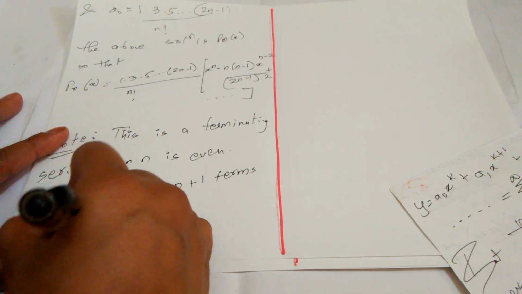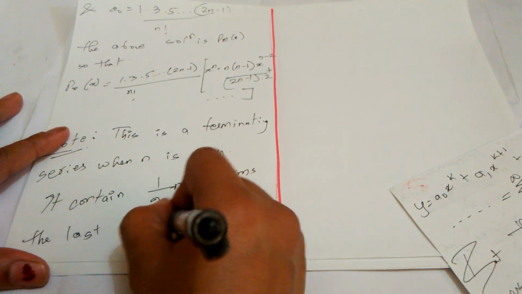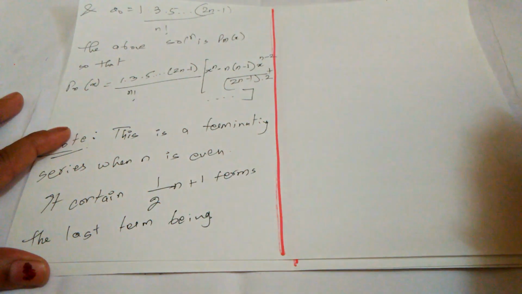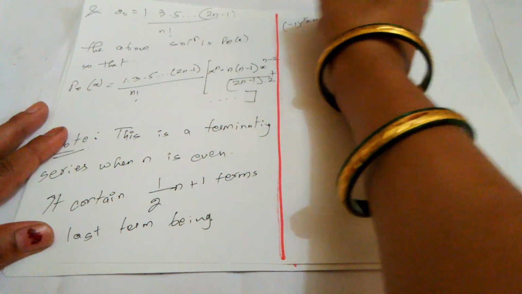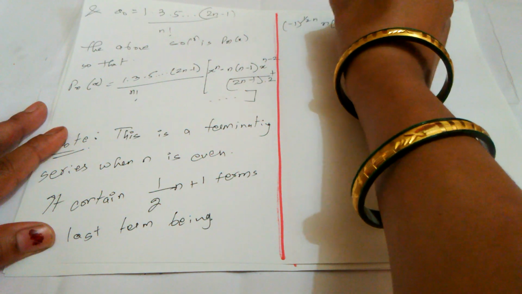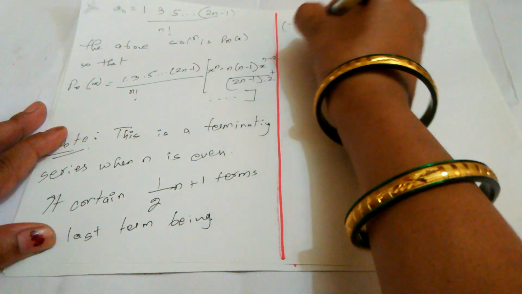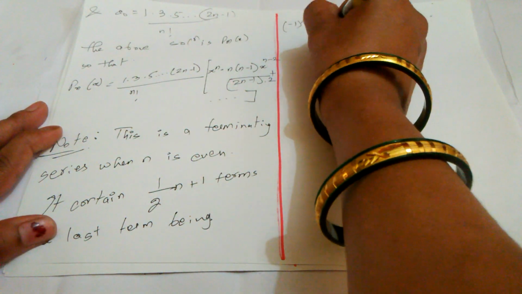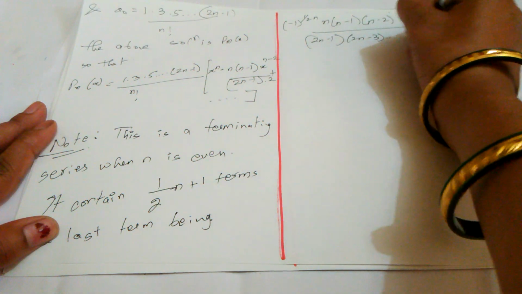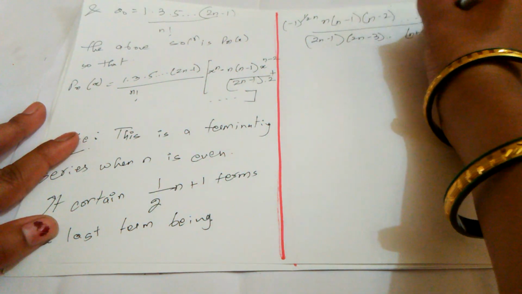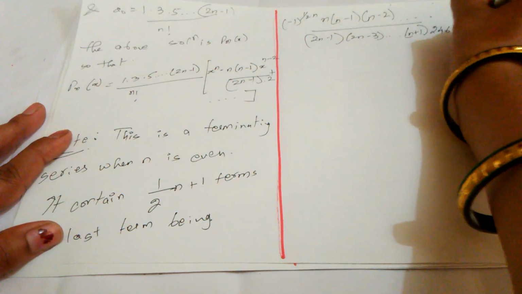The last term being, my last term will be minus 1 raised to 1 upon 2 n, into n(n minus 1)(n minus 2) dot dot dot divided by (2n minus 1)(2n minus 3) dot dot dot going further (n plus 1), into 2 into 4 into 6 till n.